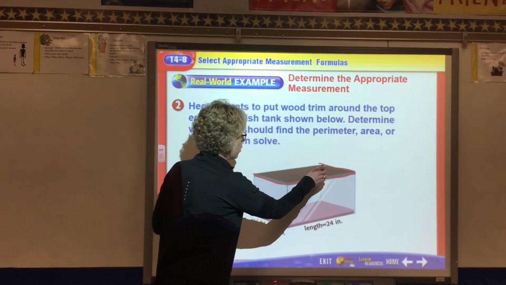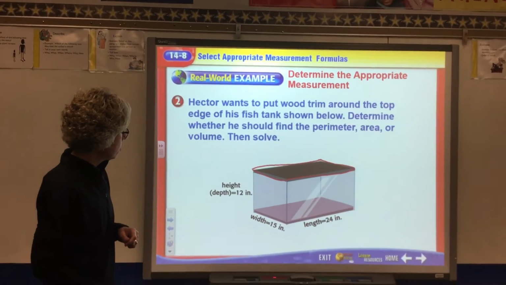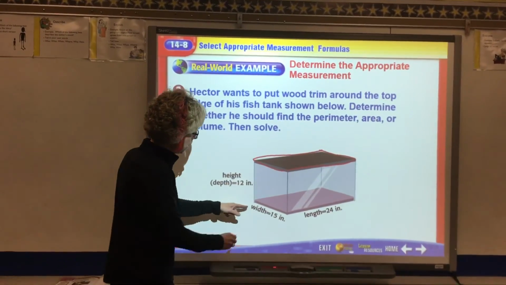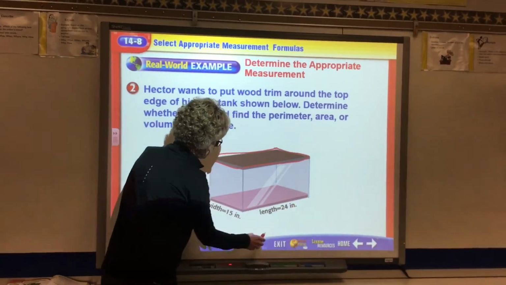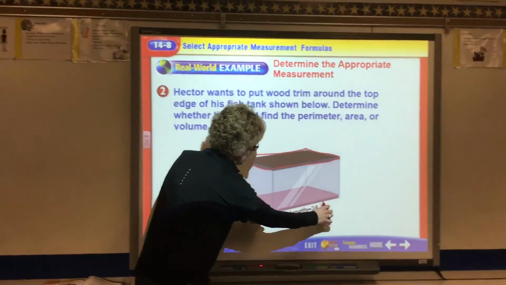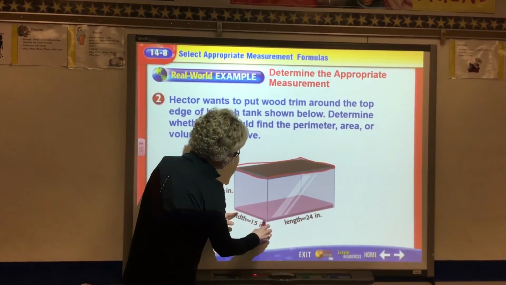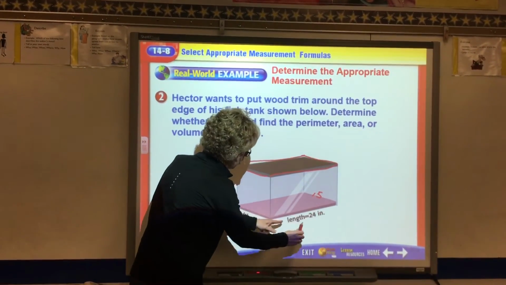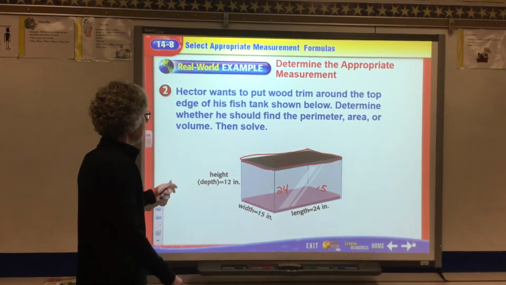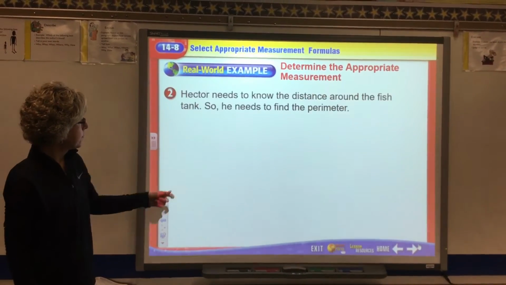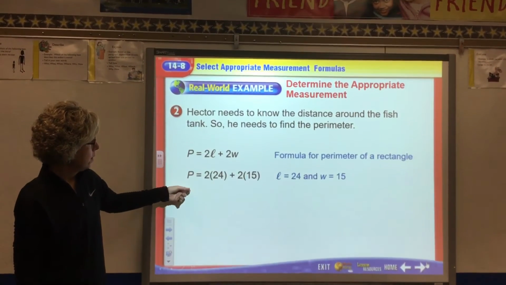What are we finding, boys and girls? Perimeter. We're finding perimeter. So in order to solve that, we have to take the dimensions. We know 15 plus 24. You could do that plus that and then double it, or you could use repeated addition and go 15 plus 15, 24 plus 24, and they're doubling it.